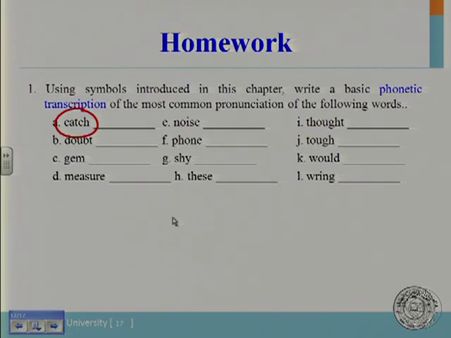Catch. The sound is ka, and we have a, and the last sound is ch. This is the basic phonetic description of the word catch.